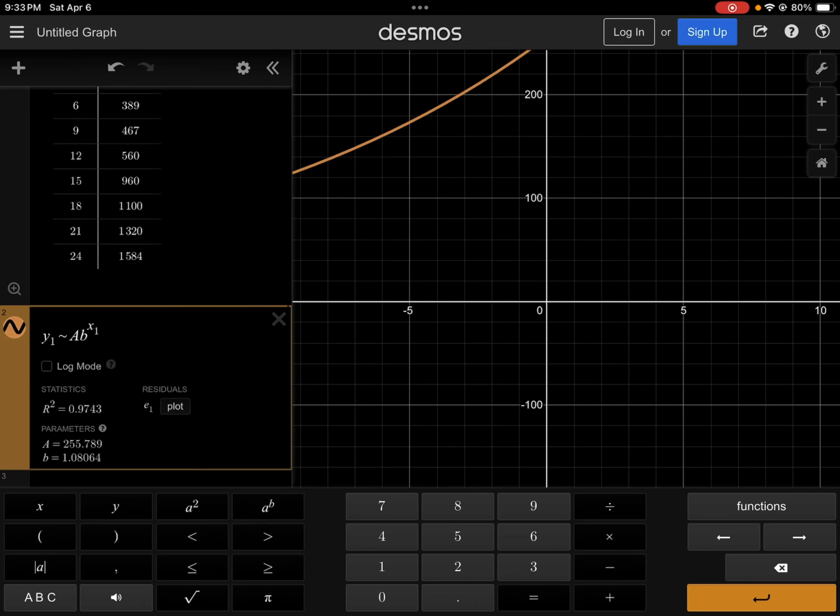Okay, so that gives me those values for A and B that I have at the bottom. This is what I was looking for. They may be rounded or not, but I'm going to write it the way it is and see how close I am to the answers given.